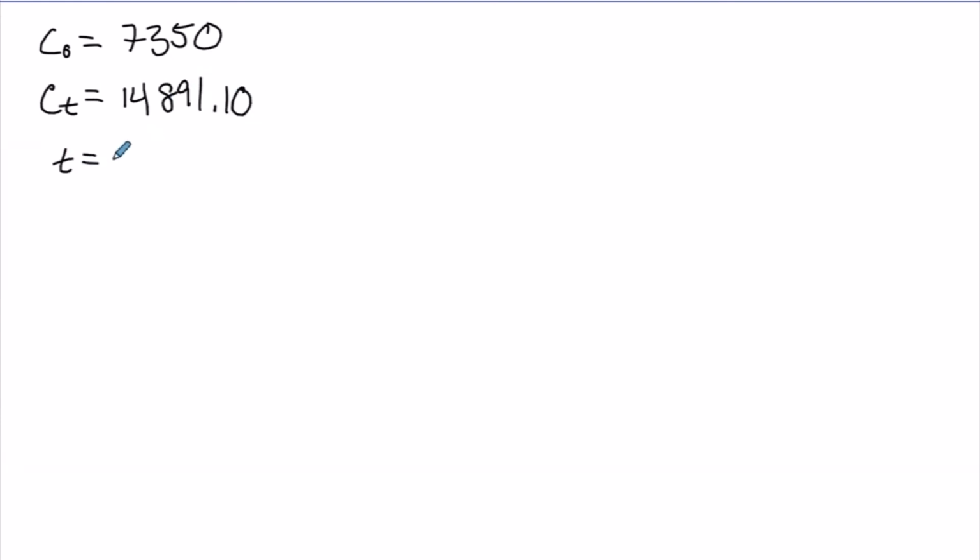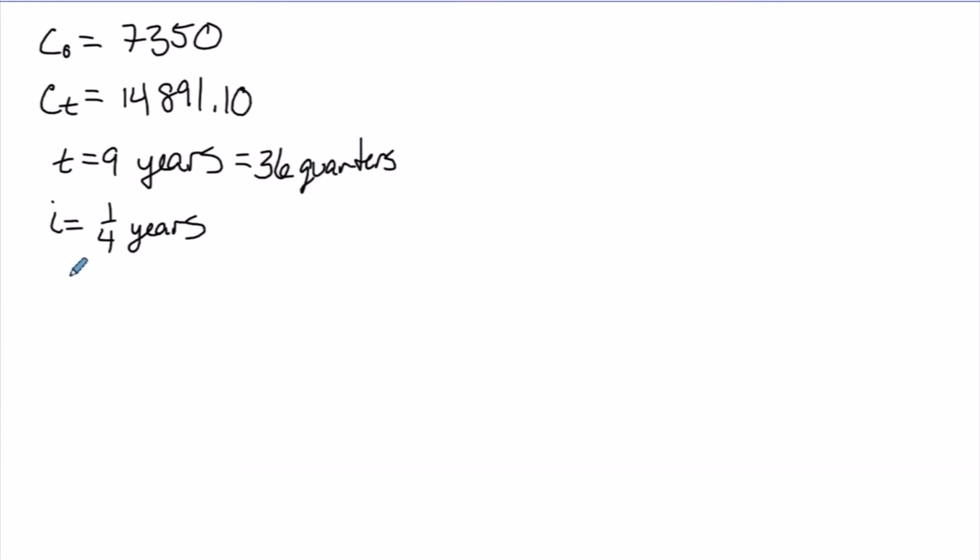The term, they say, is 9 years. They're looking for an interest rate in quarters of years. So I need to convert my T into quarters of years, which means multiplying 9 times 4. So we're going to have 36 quarters. And we're asked to find that I value.